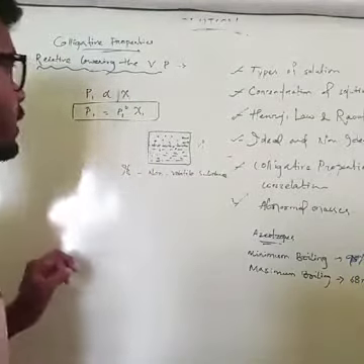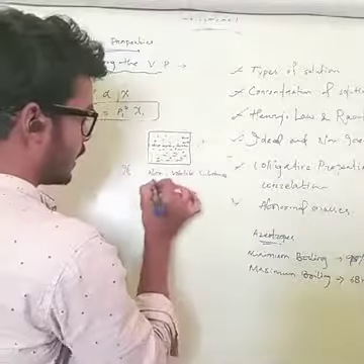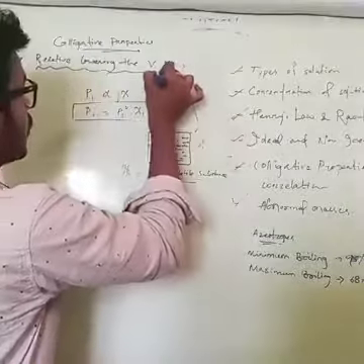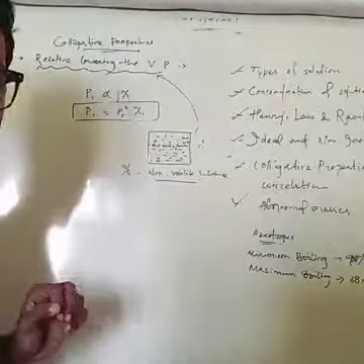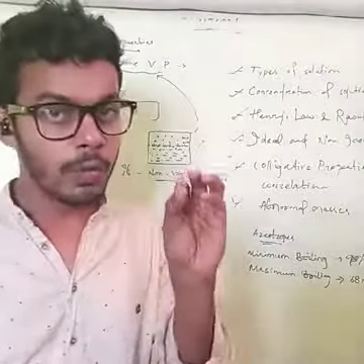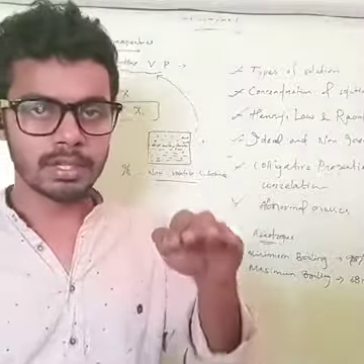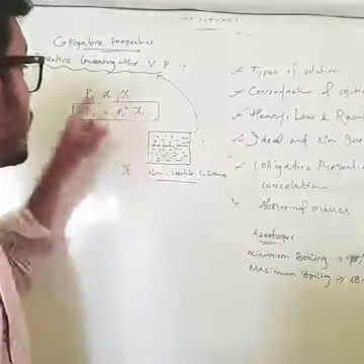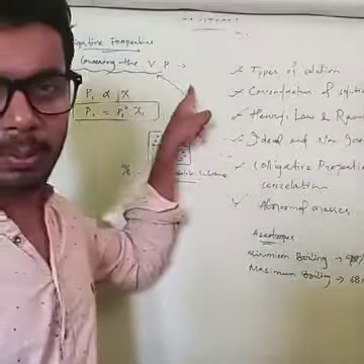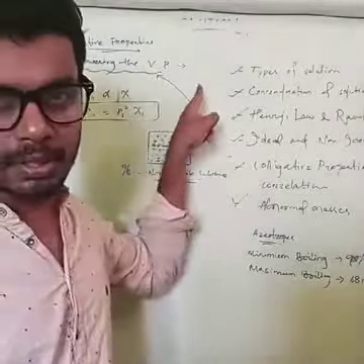Okay, but this is your relative lowering of the vapor pressure. When you add a non-volatile substance to a solution, it lowers the vapor pressure of the solution. Am I clear?